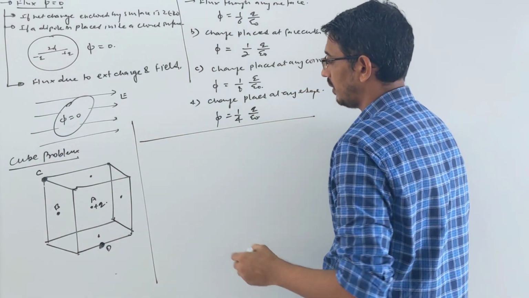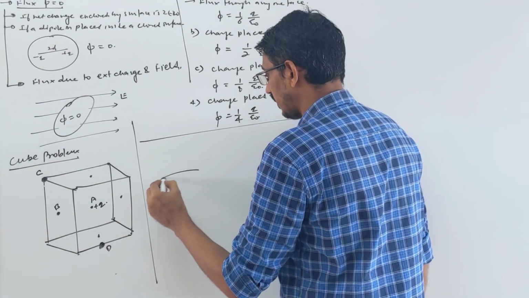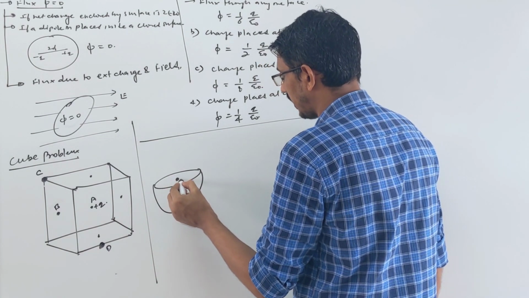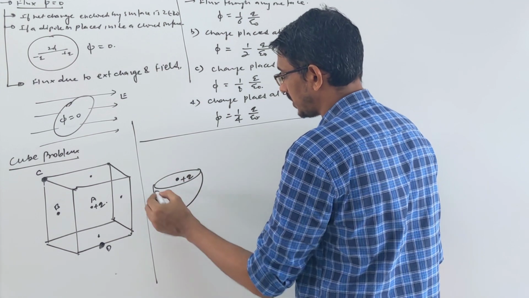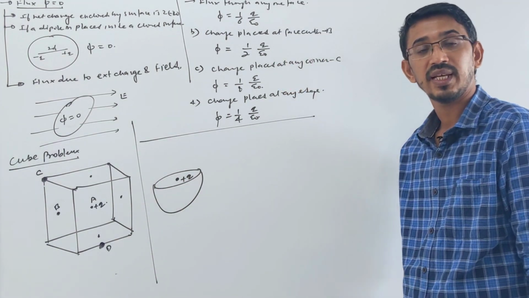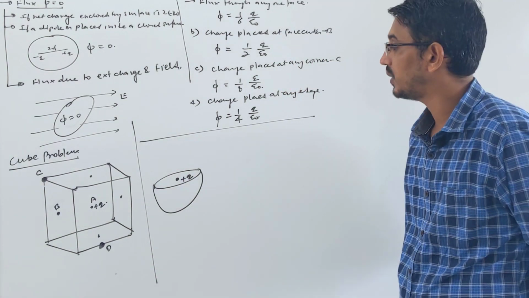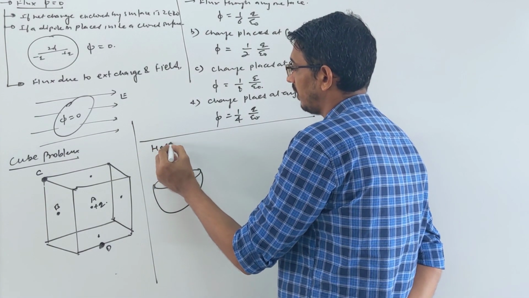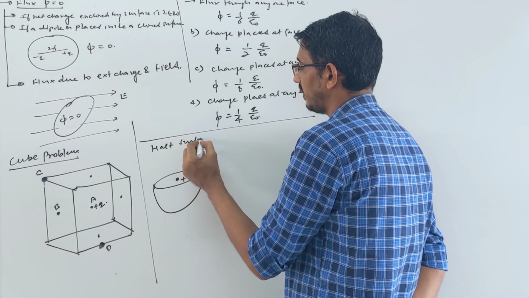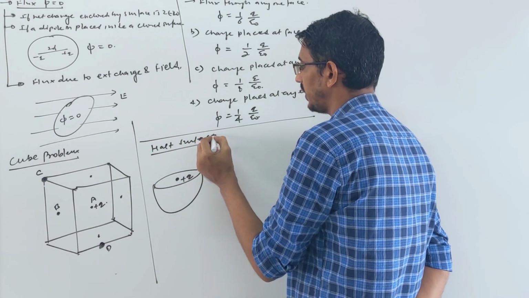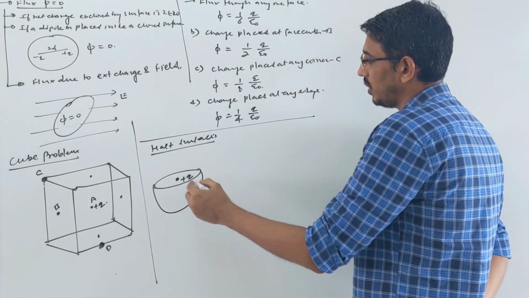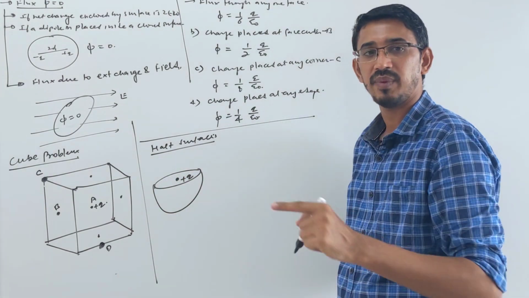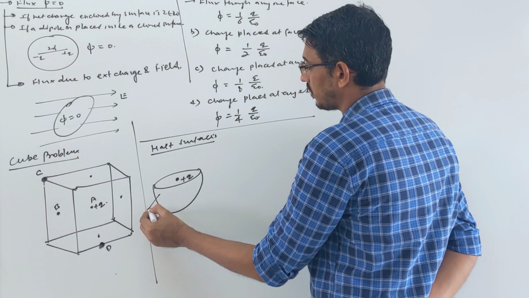I give some examples. Suppose this is a hemisphere, and a charge is placed here at the center of this hemisphere, correct? Then they are asking how much flux is coming from this hemisphere. So if I had a charge placed at the center of a hemisphere, how much flux is coming through this part?